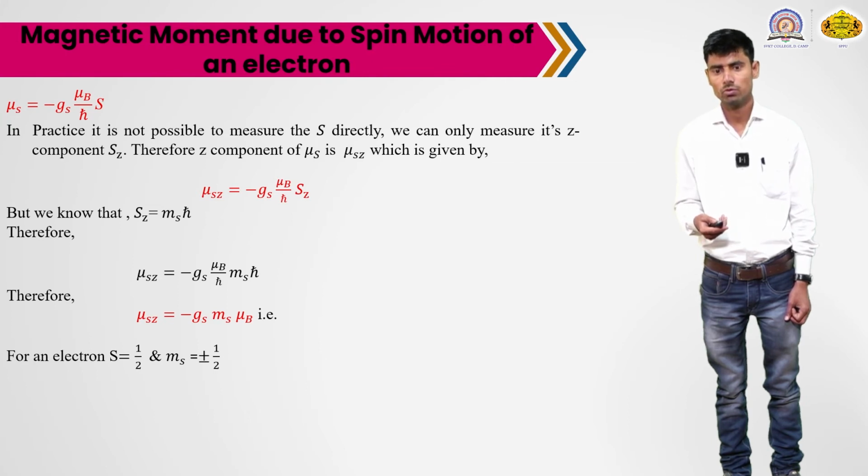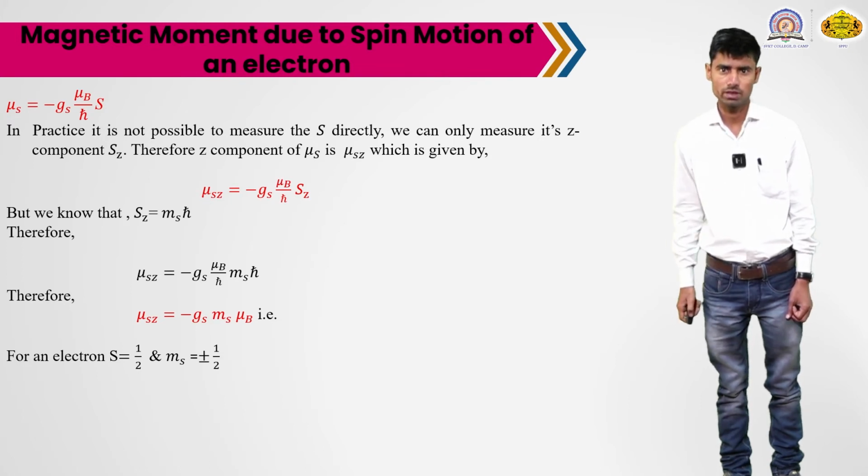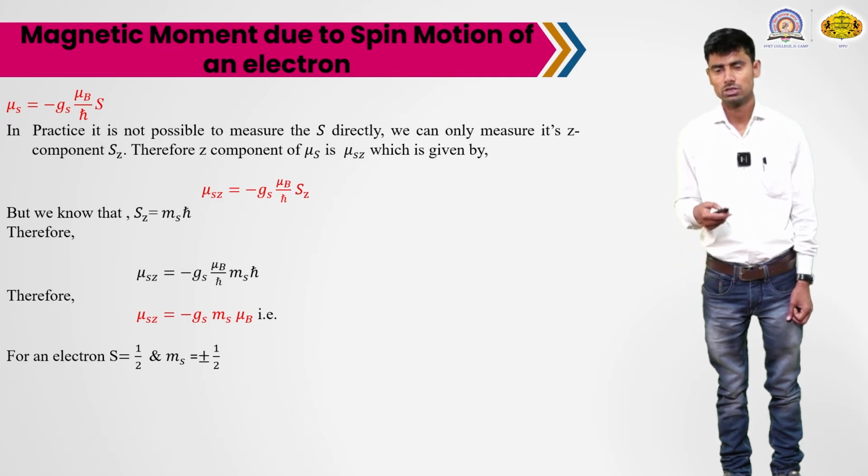So you will get μsz equals minus gs ms μB. So here also we have the formula for μs, the spin magnetic dipole moment, which is minus gs μB by ħ into S vectorially, and μsz, which is the z component of the spin magnetic dipole moment, which is minus gs ms into μB.